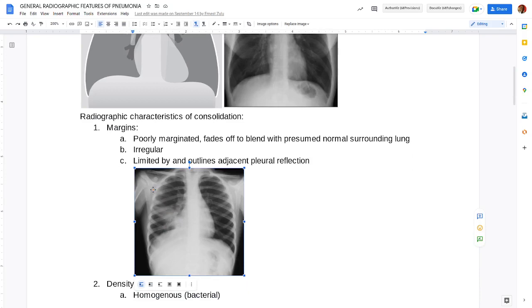Exactly. So you see, instead of it looking black like the surrounding areas or even on the opposite side, it now looks white. So that is the area that has hardened because of accumulation of pus and fluid.